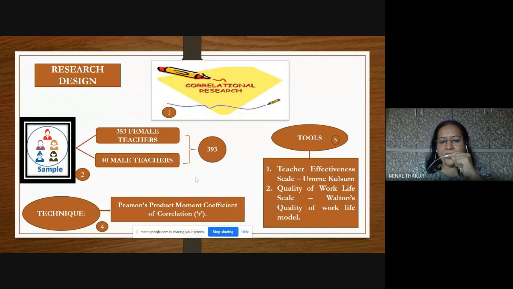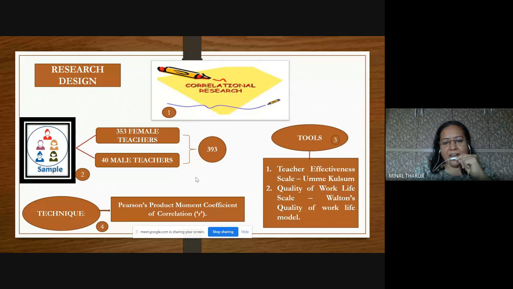I had used 2 ready-made rating scales: the teacher effectiveness scale, developed by Ume Kulsum, and the quality of work life scale, based on Robert Walton's model of quality of work life. They were basically questionnaires, and teachers had to rate them from disagree to agree.